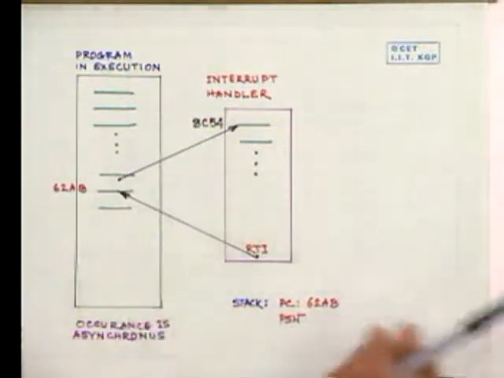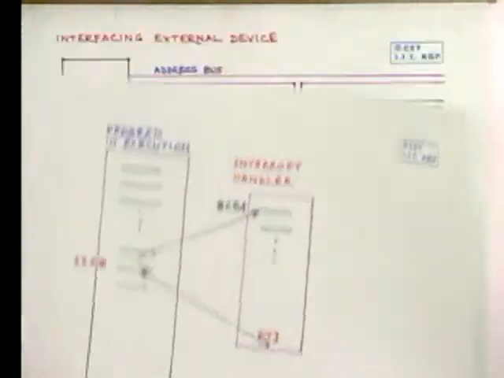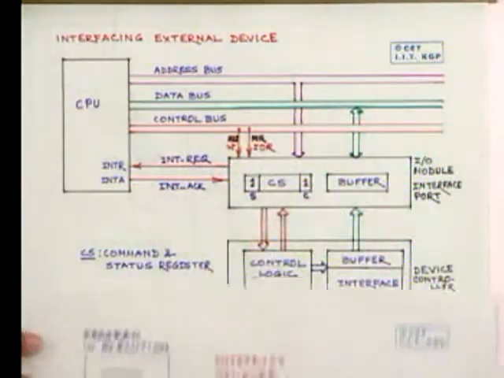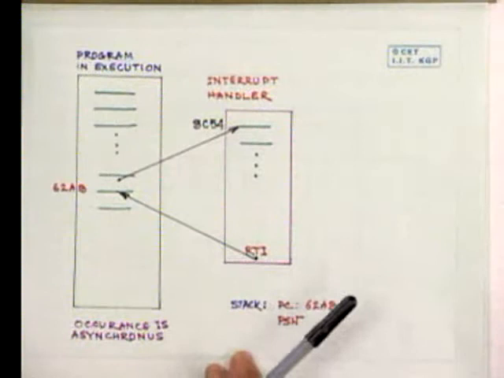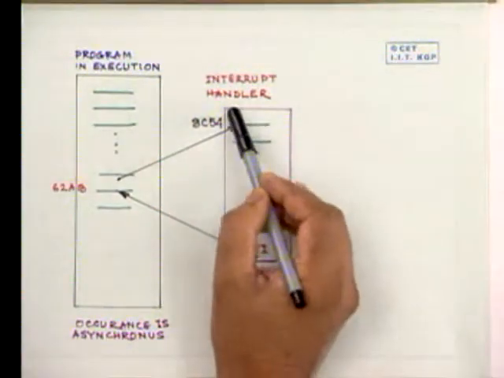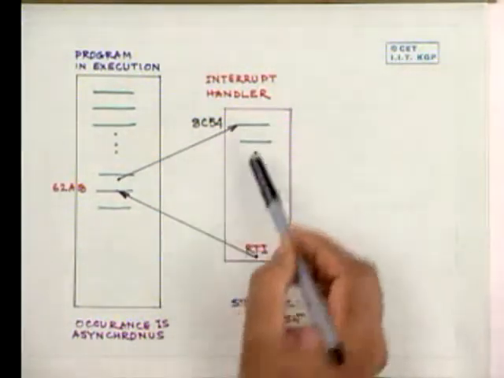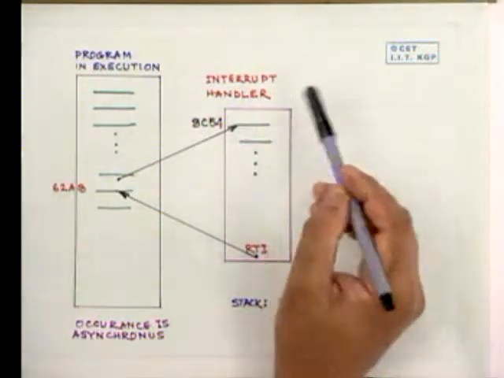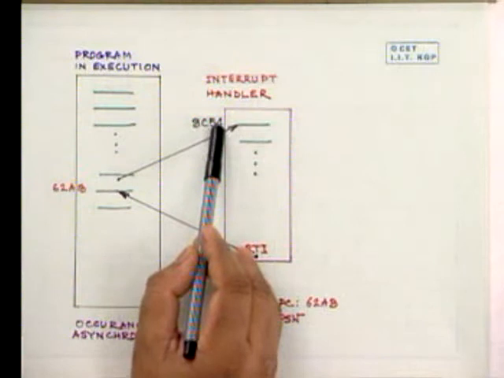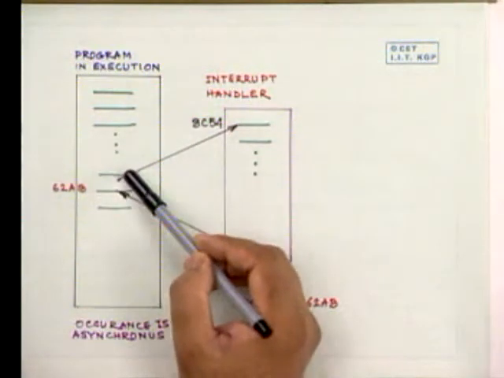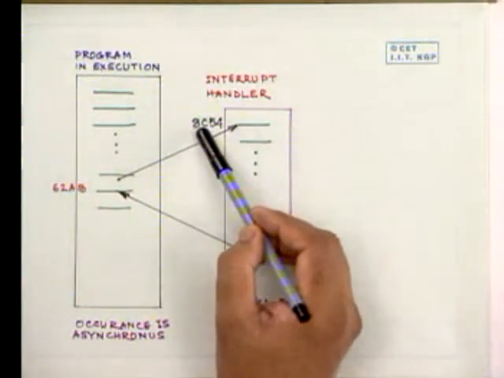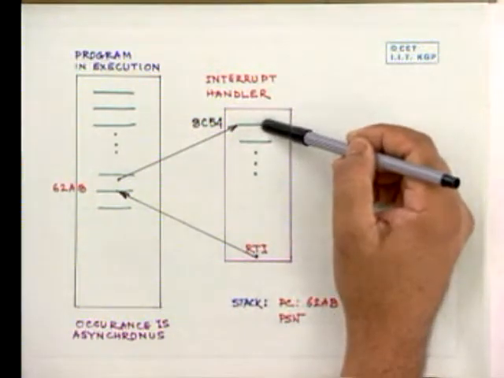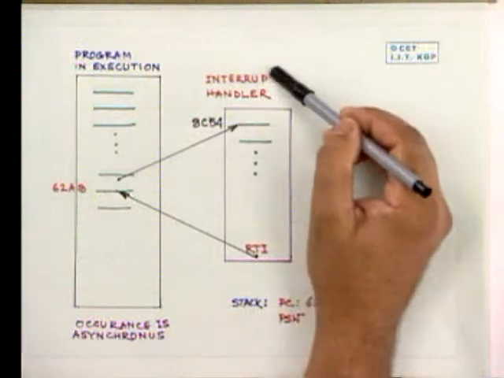Since we are thinking here of a single device connected to the CPU, let us assume that there is one interrupt handler whose address is predefined by means of hardware inside the CPU, and let that address be HC54. Then the program counter will be loaded with HC54, which essentially means that the program execution will start from here, which is our interrupt handler.